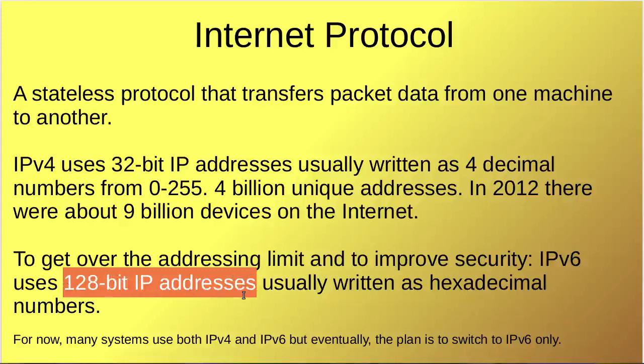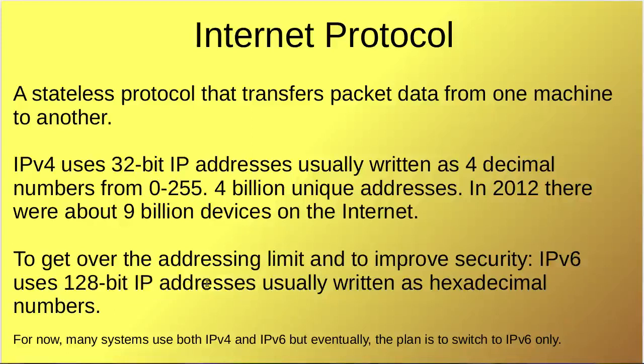However, there are a few problems with IPv6, even though there are a lot of advantages to using it. It is usually written as hexadecimal numbers, and it's not very intuitive for a lot of people. If you're a computer science major, you're probably used to hexadecimal numbers, but the general public is not, so it's a little bit clunky to use for regular people.